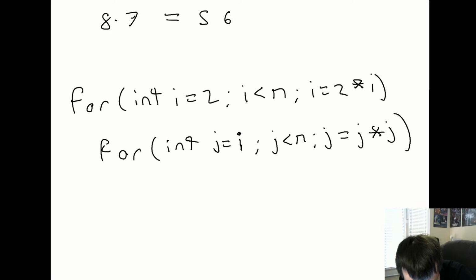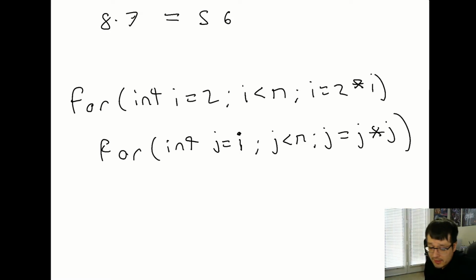So first of all, forget about the outer loop and think about the inner loop, because that's the best way to look at it first. Otherwise you just get confused. In the first time this runs, i is going to be equal to 2, so j is equal to 2.